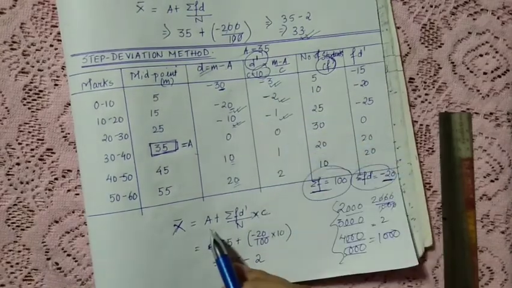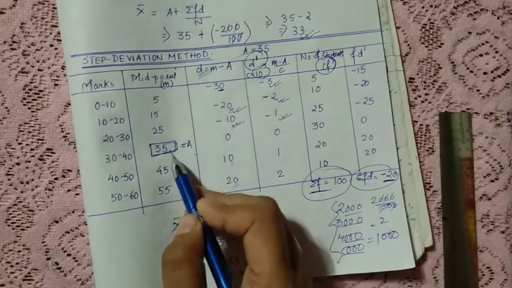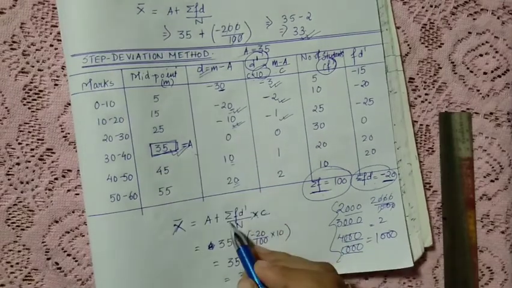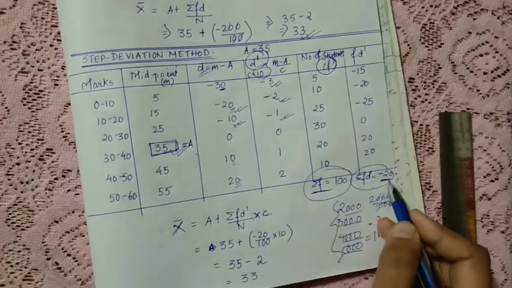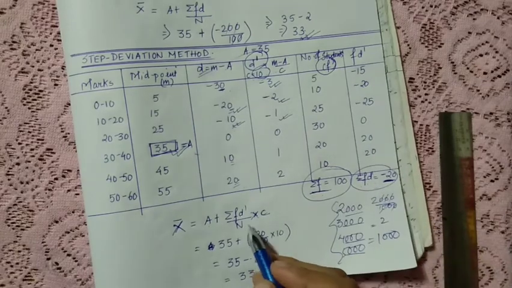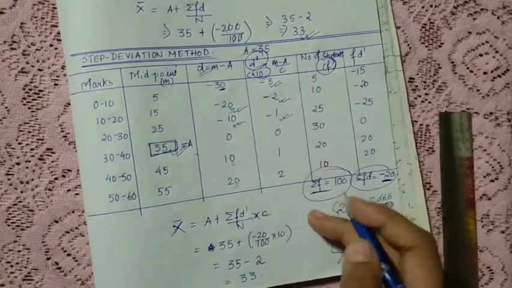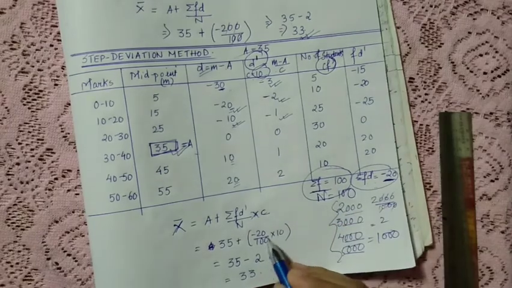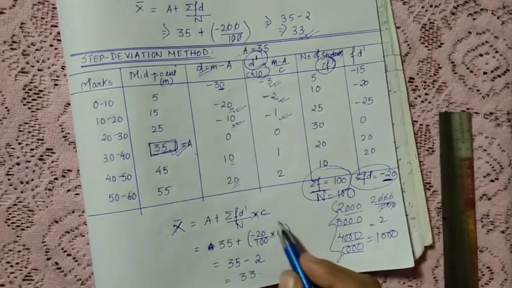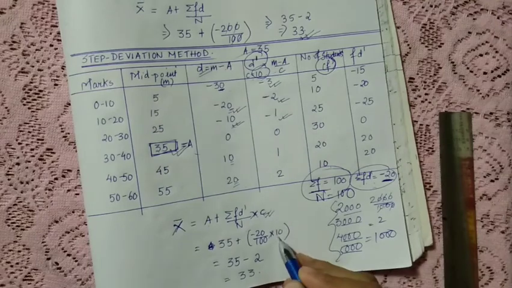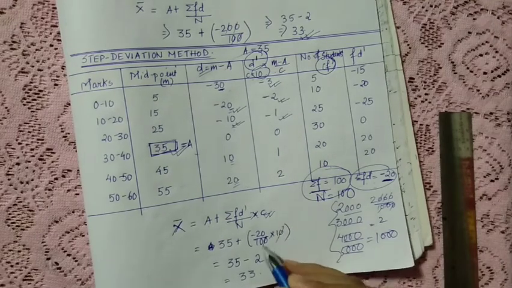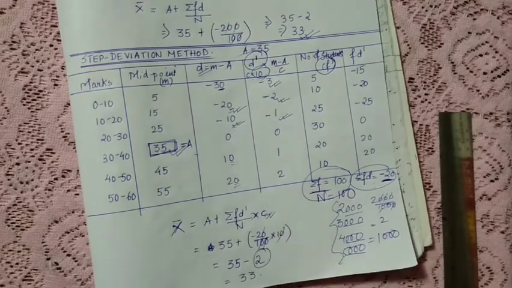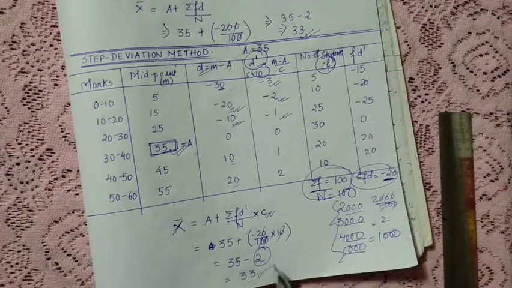So the assumed mean is 35, sigma fd dash is minus 20, n is 100. We divide by 100, into the common factor value 10, and we will get here minus 2. So 35 minus 2 is 33.